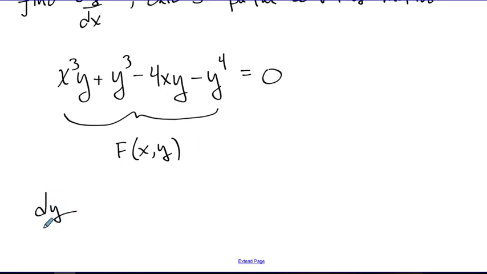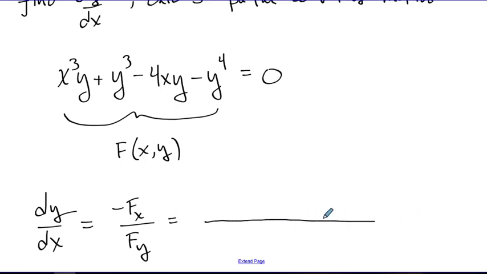And now you can find the derivative of any one of those variables with respect to another. I'm still using normal d's here because this is an ordinary derivative, y depending on only x. And so our method is to say partial of f with respect to x divided by partial of f with respect to y. So let's see if we can just do that.